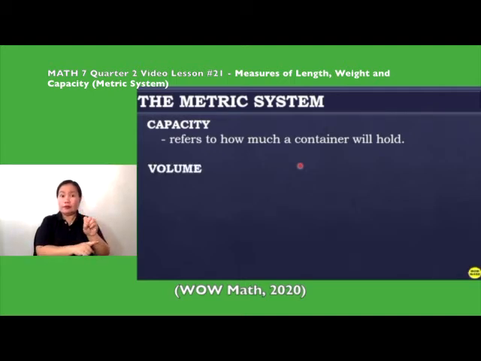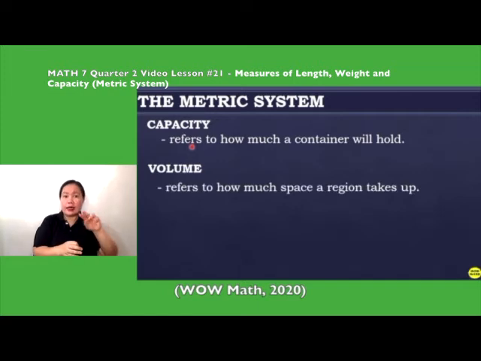Pag sinabi nating capacity, gaano karami yung laman na mailalagay mo sa isang container, capacity po yun. Pero if it's three-dimensional, so there's already a space. It refers to how much space a region takes up. Ito po, it's just a container, titignan natin kung ilan ang laman.